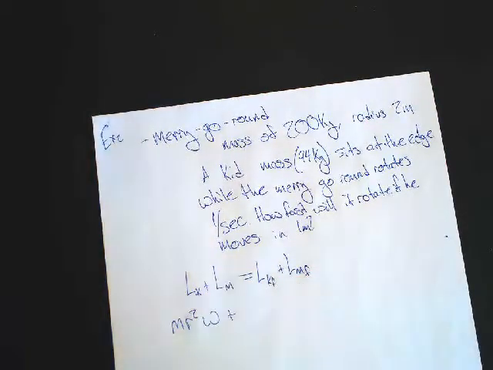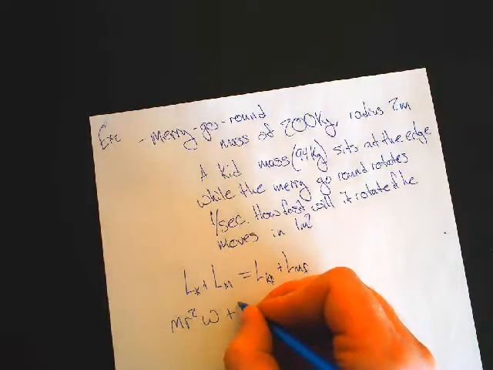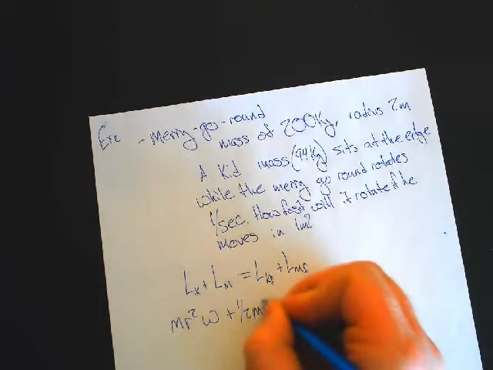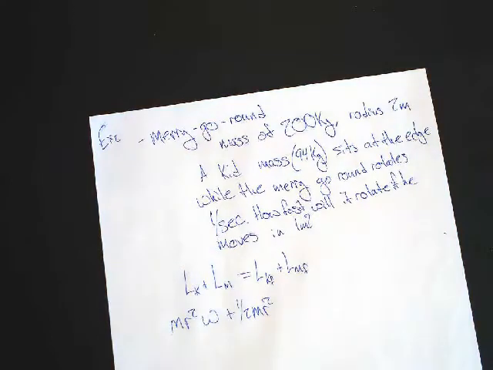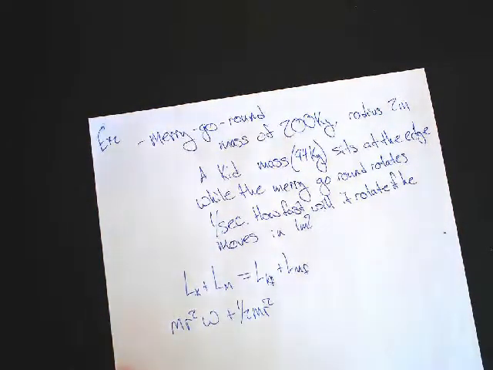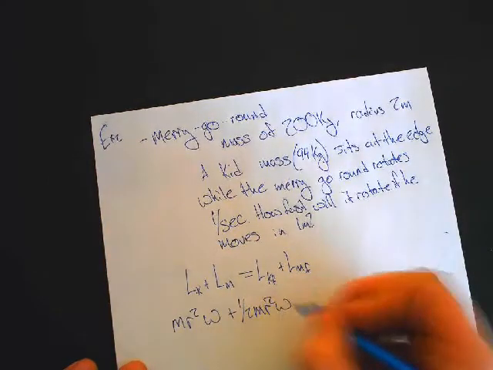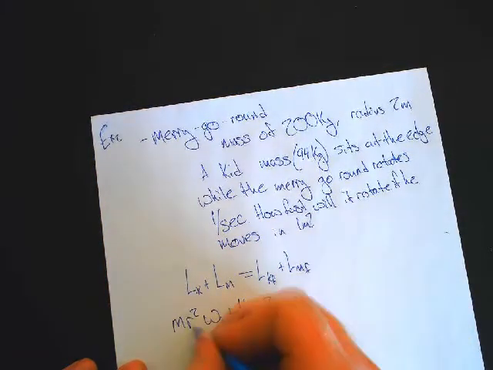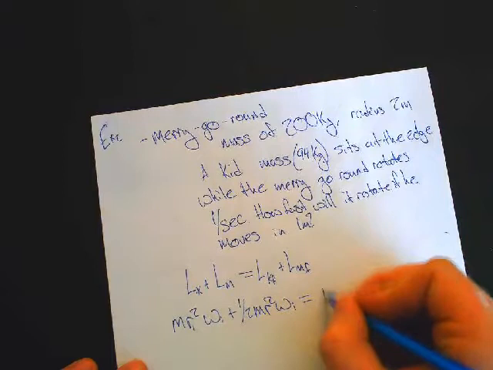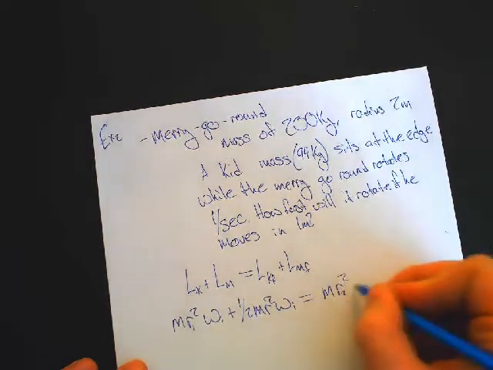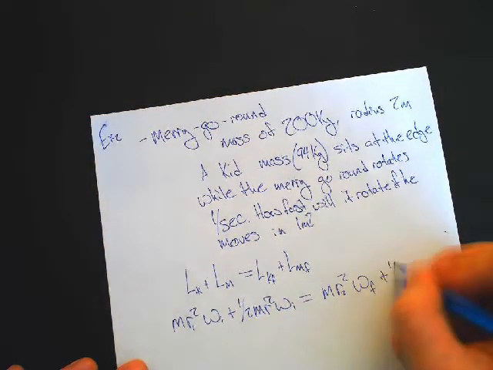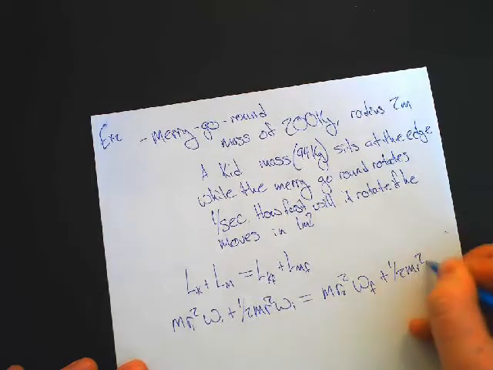And the merry-go-round itself, we said we could treat it as a disk, where the rotational inertia for a disk is half m r squared. Test, you'll have those on a table so that you can actually see them. You don't need to memorize those. Times omega initial, 1. And this will be equal to m r2 squared omega final plus half m r squared omega final.